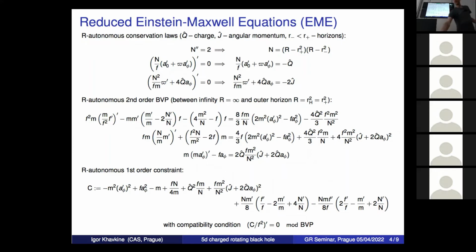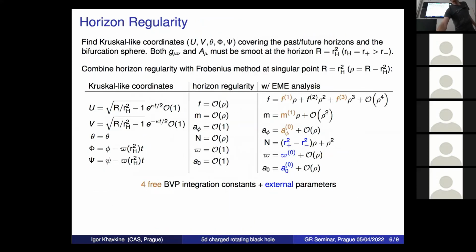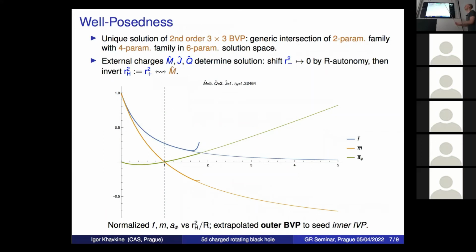So we like to set R minus to 0. And that leaves 3 parameters, J, Q, and R plus, and then we use R plus to parameterize the mass. So now we can use M, J, and Q as the external parameters, and by the well-posedness, they uniquely fix the geometric solution.